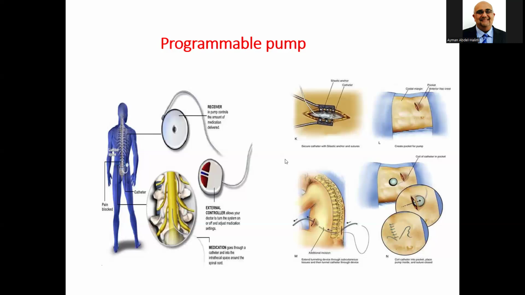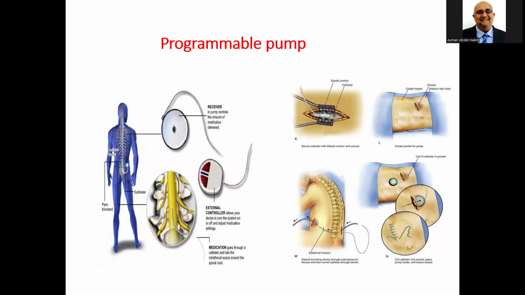Now, the pump has a reservoir port, and it also has an access port. The reservoir port is the port where you put your medications in, and most pumps have a volume of around 20 cc's.